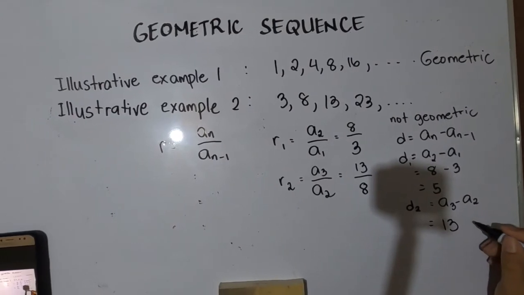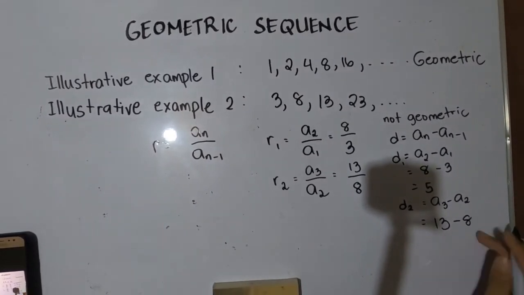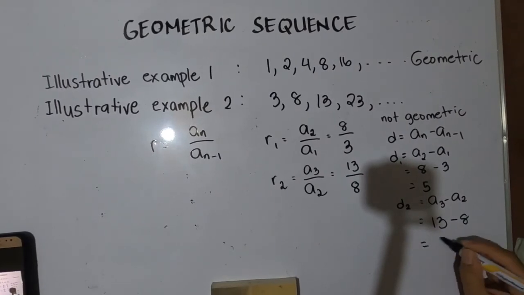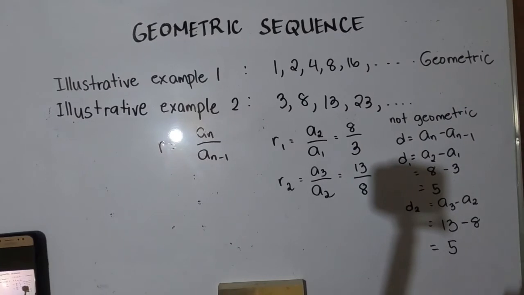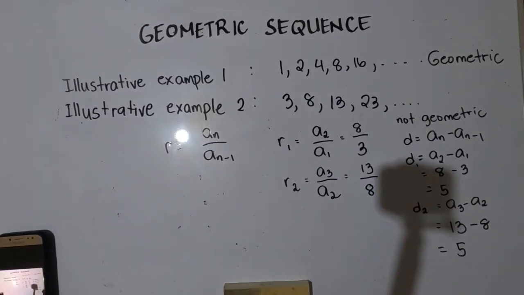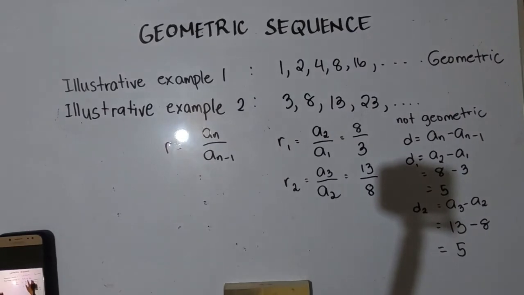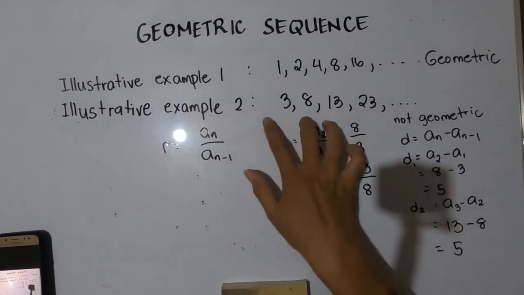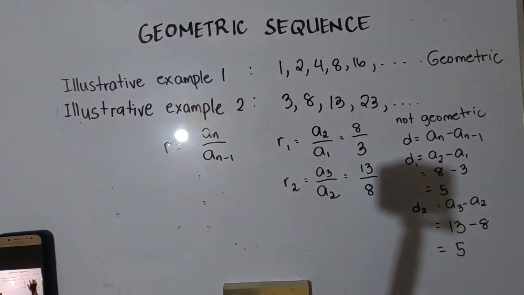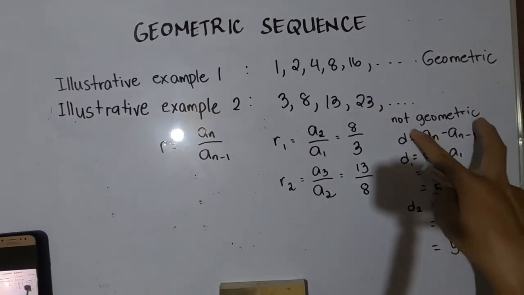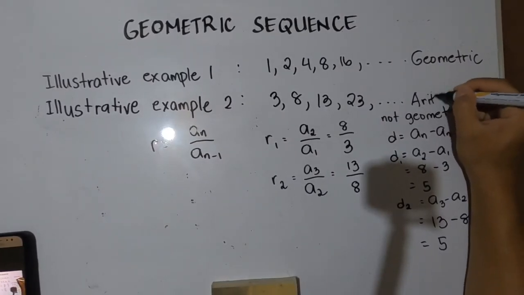The previous term of 13 is 8. 13 minus 8 is 5 as well. And you will notice that the difference of the fourth term and the third term is also 5. Therefore, in this sequence, there exists a common difference. It is not geometric, but it is arithmetic.